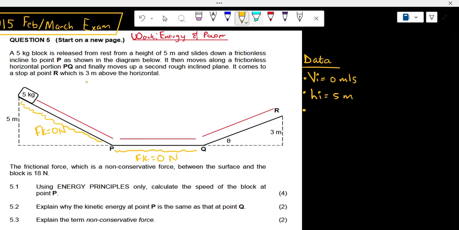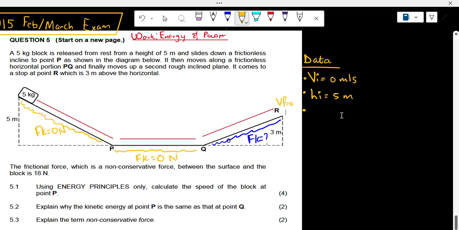And it finally moves from point Q to point R, where there is a rough incline. So we have a value of friction here that is unknown. And then they say it comes to a stop at point R. So at point R, the final velocity is 0.